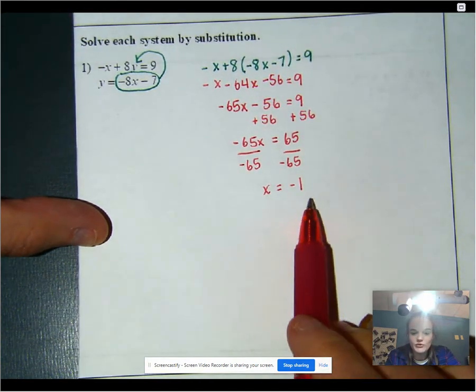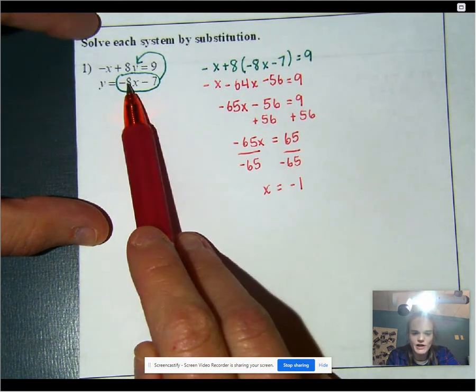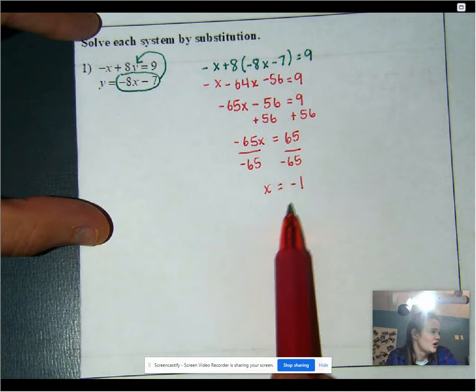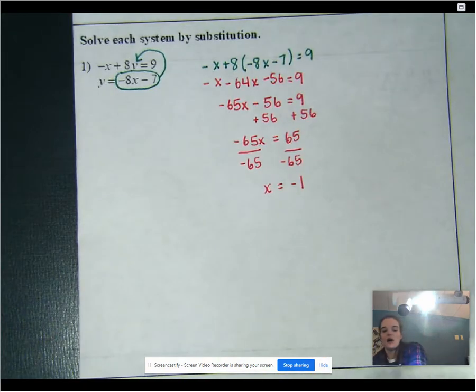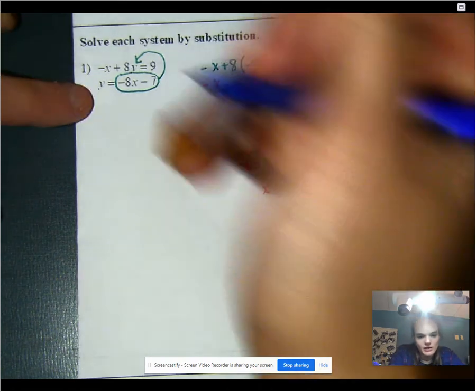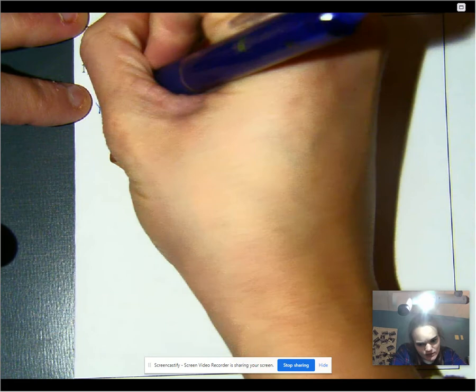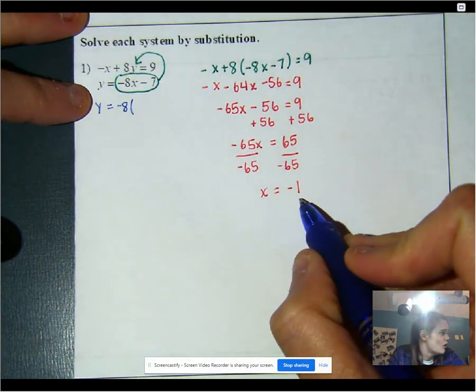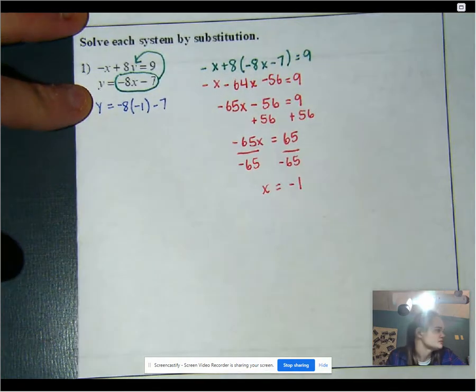So these are the steps. Step 1, we found the equation. Step 2, we circled it. Step 3, we substituted and solved. Now we have to find y. To find y, we are going to plug back in up here. y equals negative 8 times negative 1 for x, minus 7.